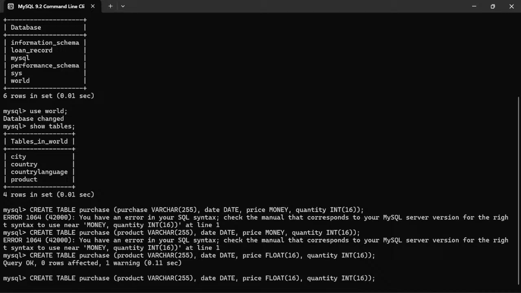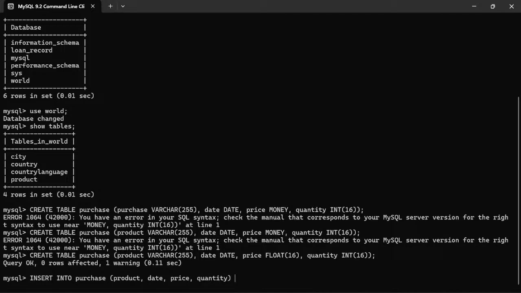Okay, fine. Yeah, so let's see, insert into table name. I think this is purchase. Yeah, table name purchase, and let's see here, the columns are product, date, price, and quantity.